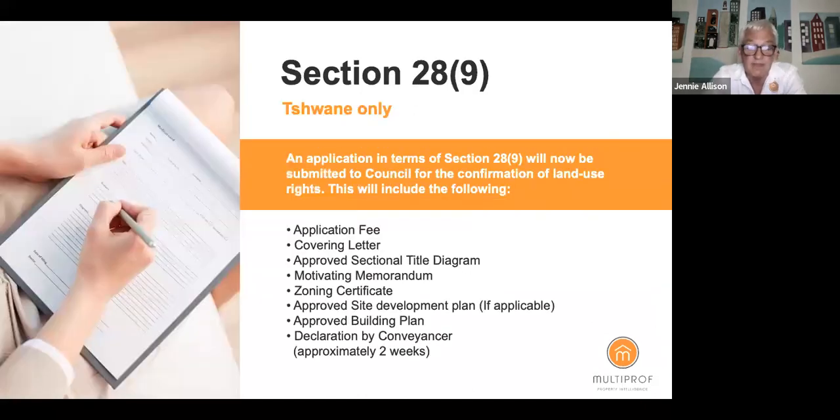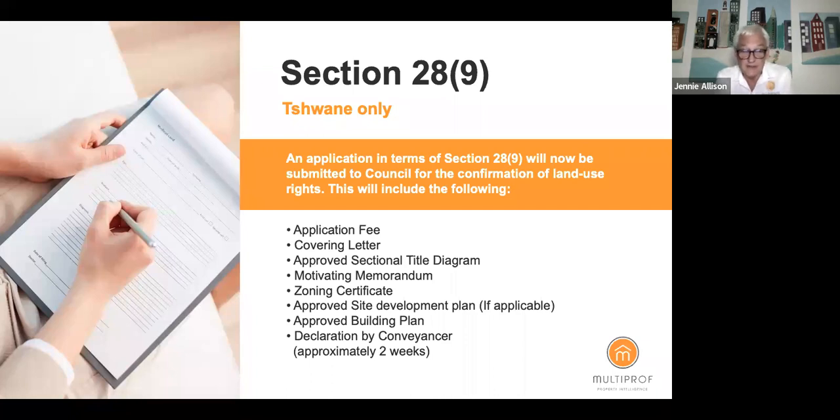Now, as we said before, some people call it a SPLUMA certificate, but that's not really the correct wording. In Tshwane, whenever there is an addition or alteration where the PQs need to be enlarged, we first need to apply to Tshwane to do that.